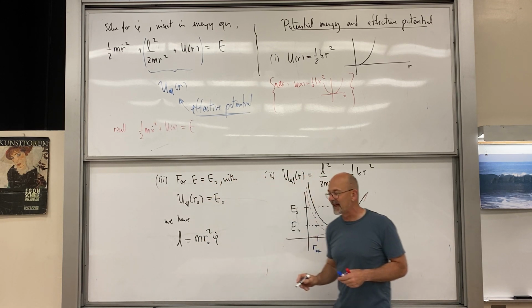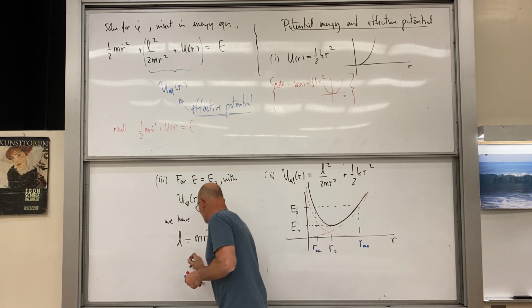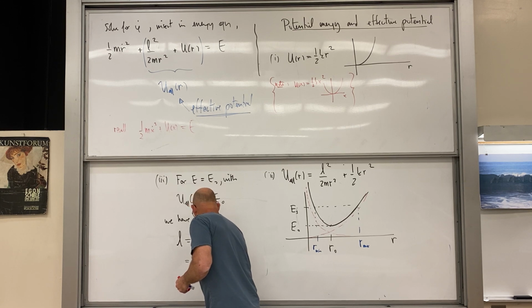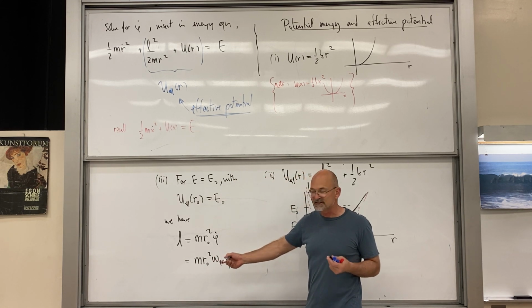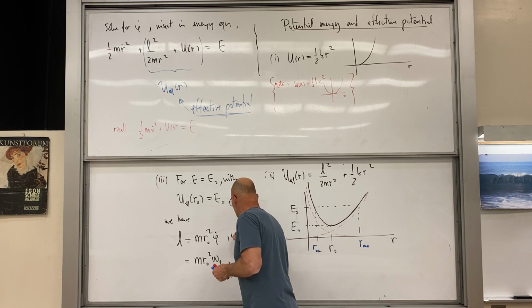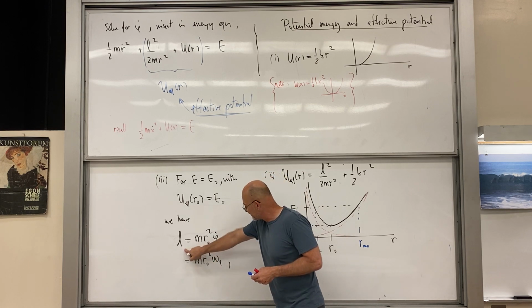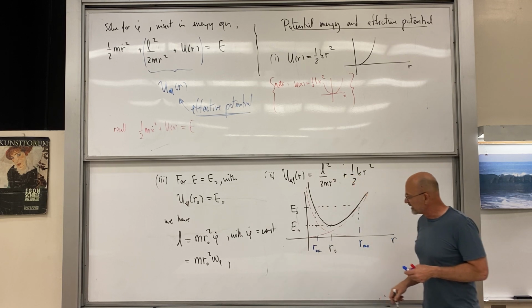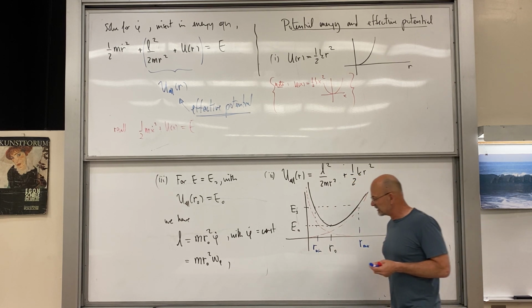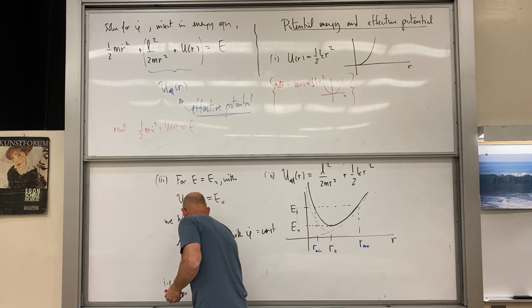Remember, that was our expression for the angular momentum. And we could even say equals M R0 squared omega sub phi, because this phi dot, which I'm calling omega sub phi, is a constant. Phi dot is constant because L is constant, M is constant, we have a constant radius, and so what we're talking about here is a circular orbit.